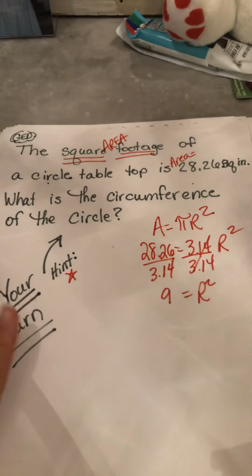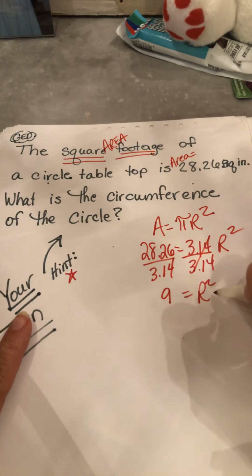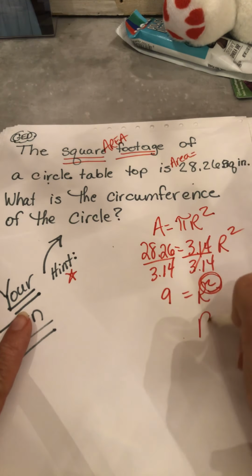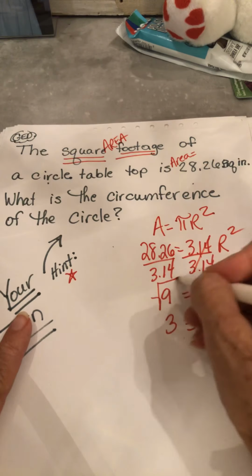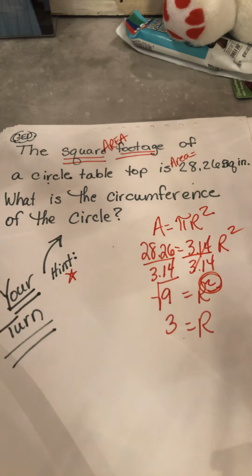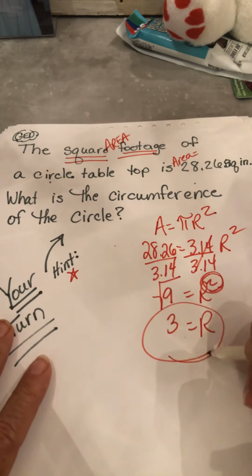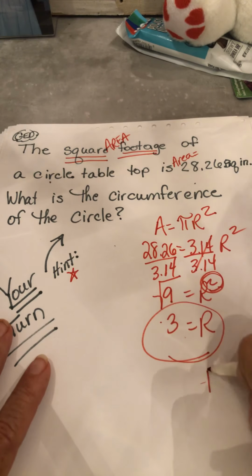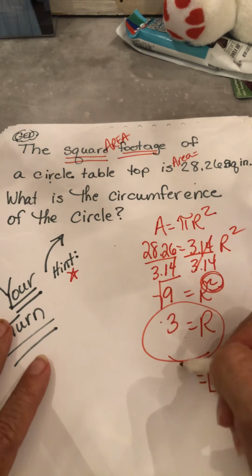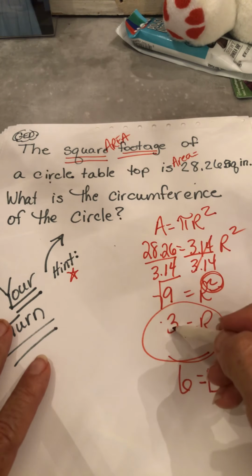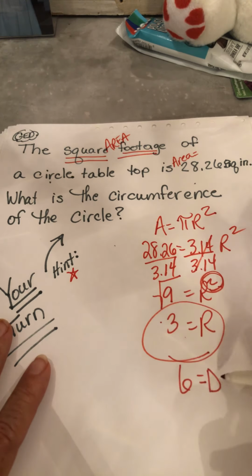Now be careful, this is where you've got to be careful, that's r squared. I want to know what r is. So r is 3 because I got the square root of 9. Now I know the radius is 3. By the way, if I wanted to use diameter here, I'd say the diameter is 6, right? Because we double the radius to get to the diameter.